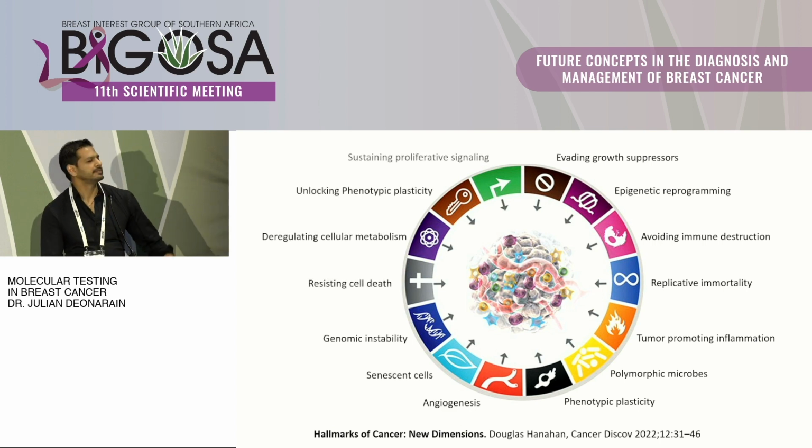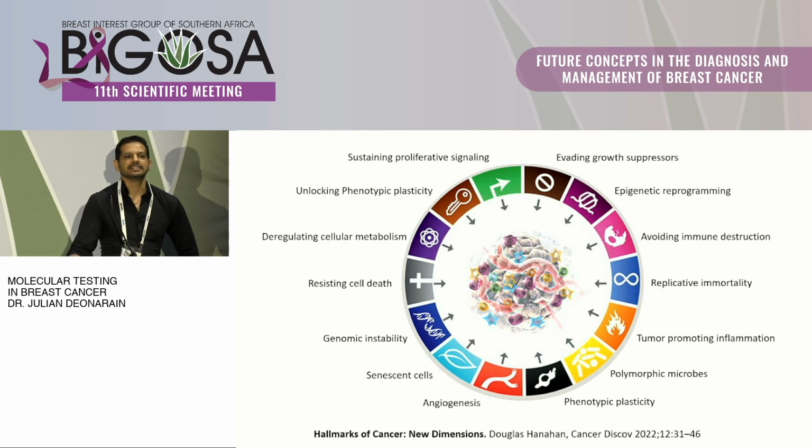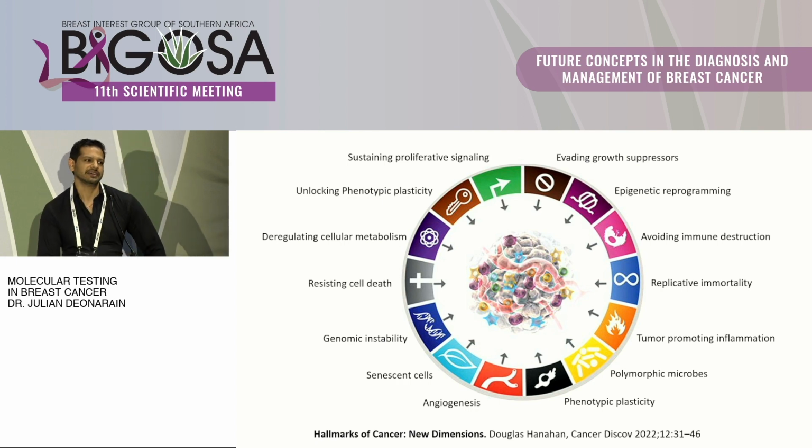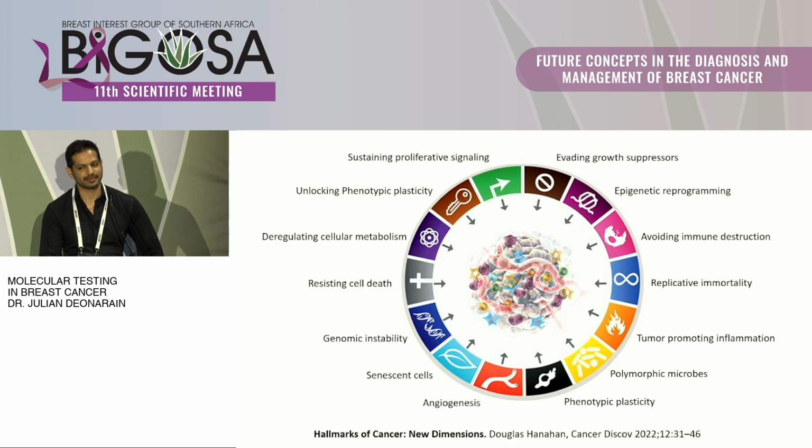Okay, I will explain each one very briefly. The second one, and for the people online, I'm going in a clockwise direction, is epigenetic reprogramming, where the actual DNA structure of the tumor cells, with their chromatin and histone configuration, actually influences how genes are expressed.